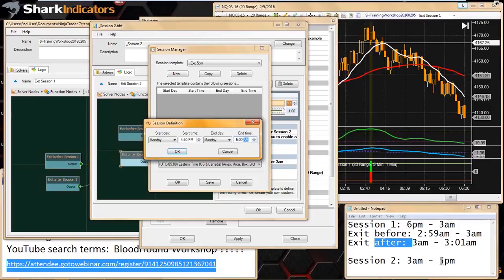Actually, there's a 1-hour gap between session 2 and session 1, so I'll set this exit to exit after session 2.